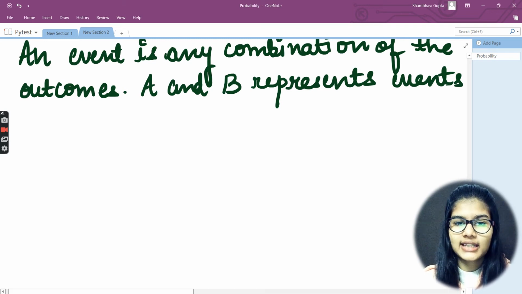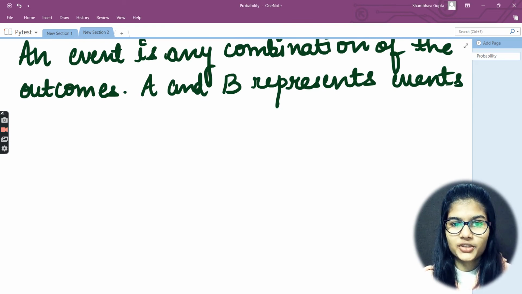Whatever uppercase characters you have, all of those represent events, but not the capital S, because capital S is the representation of a sample space. I told you this in the previous video. Make sure of that. Great. So hope I am clear with what an event actually is.